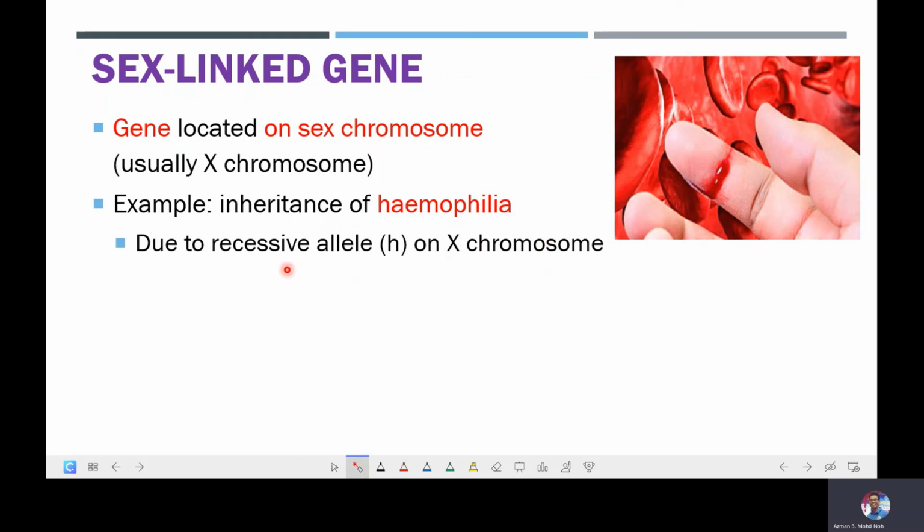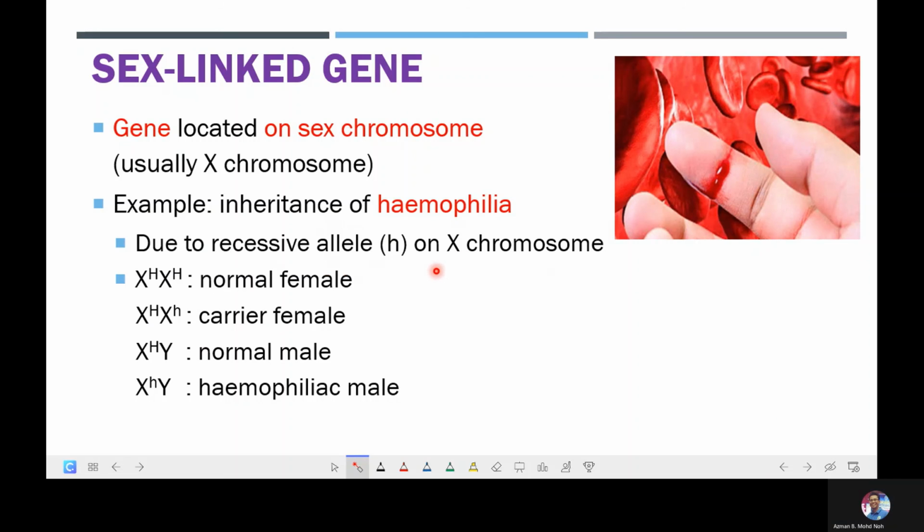This is due to the recessive allele small h, which is located on the X chromosome. If a person has the genotype X capital H, X capital H, this person will be a female, and this female will be a normal person, meaning that the female will not have any hemophilia.